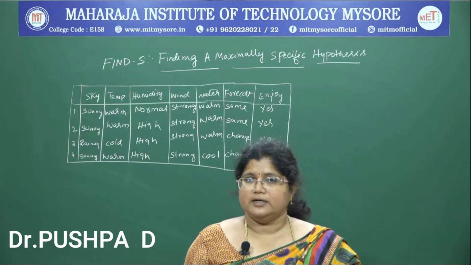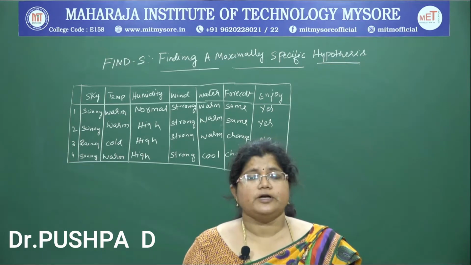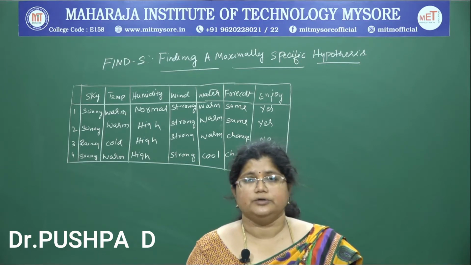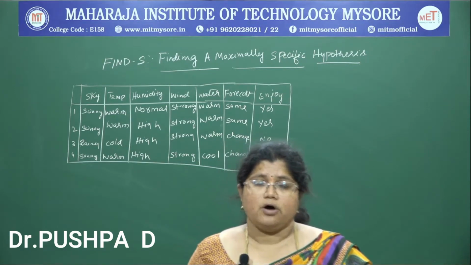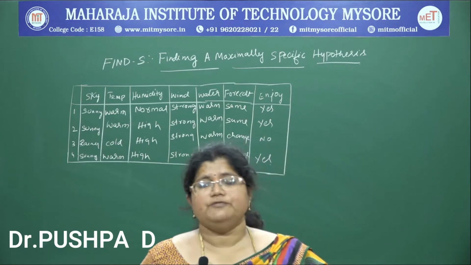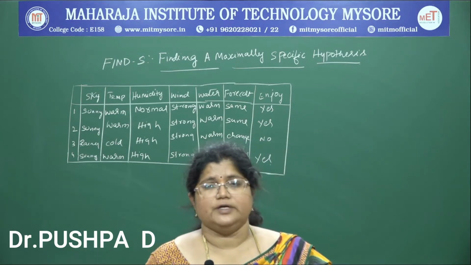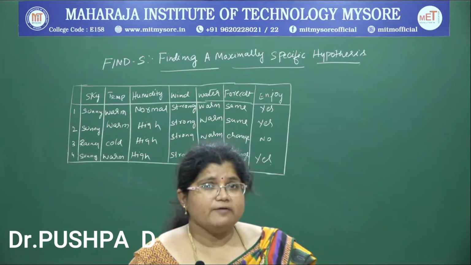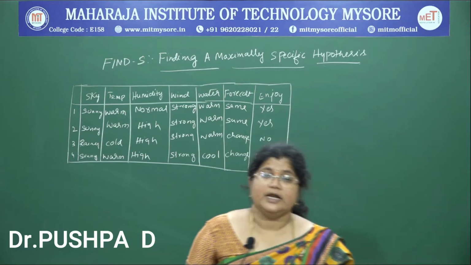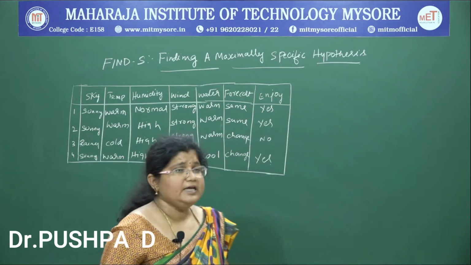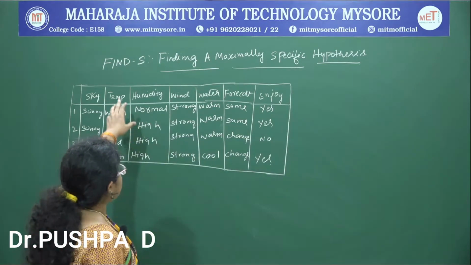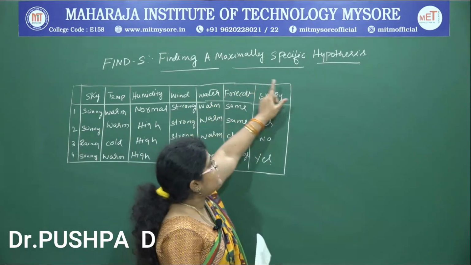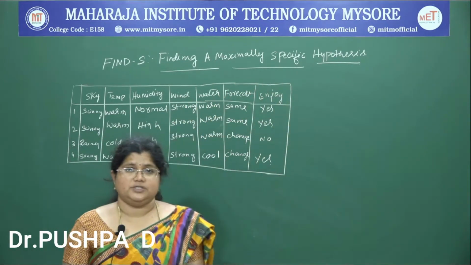In this chapter you are going to learn two concept learning algorithms. The first algorithm we are going to cover here is the Find-S algorithm. Why do we require the Find-S algorithm in concept learning? Mainly, it is required to find the maximally specific hypothesis.